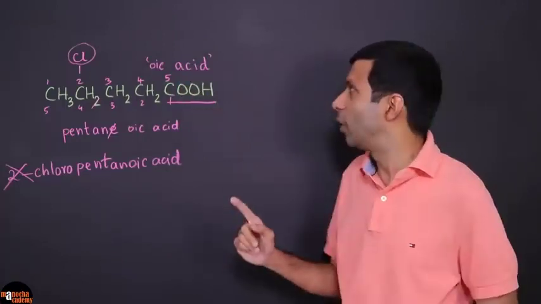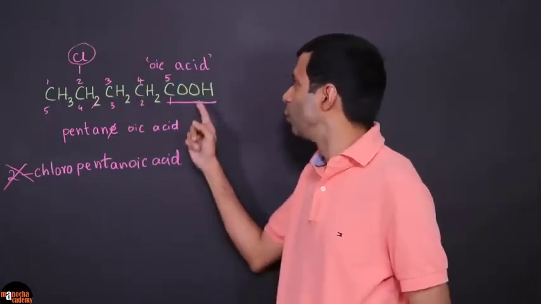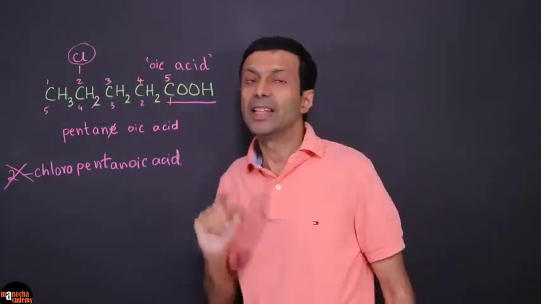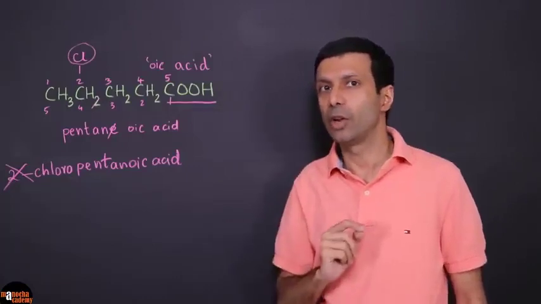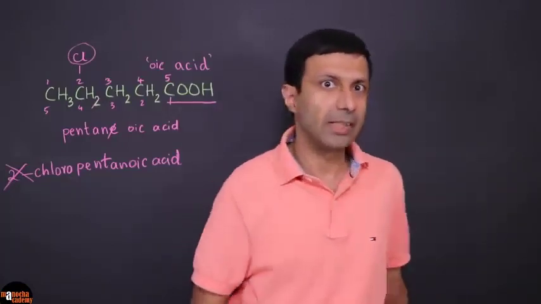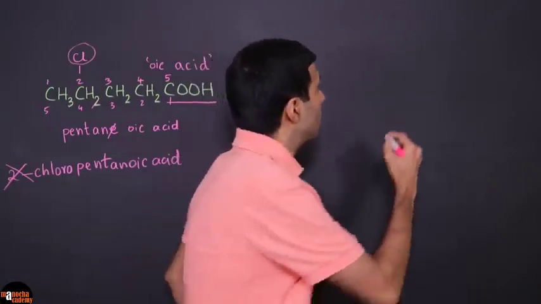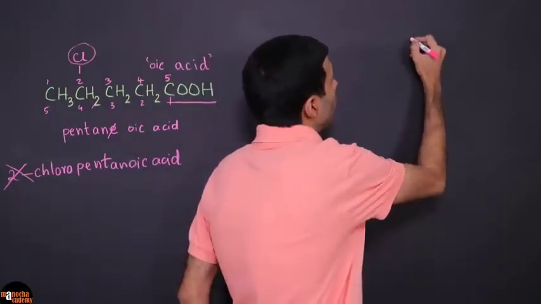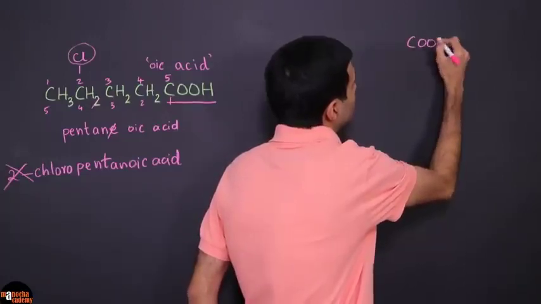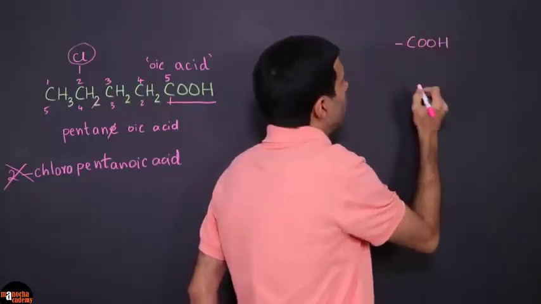Because in this compound, can you see that there are 2 functional groups, an acid and a halogen. And then there's an important priority order that we need to follow. So let me write down the priority list here. So what is the priority list that you need to know? On the top priority, we have the acids. So that's COOH.